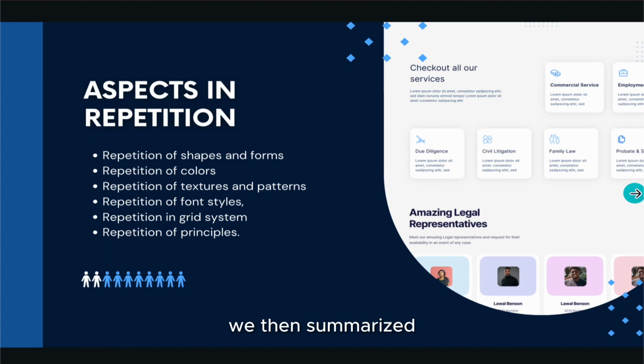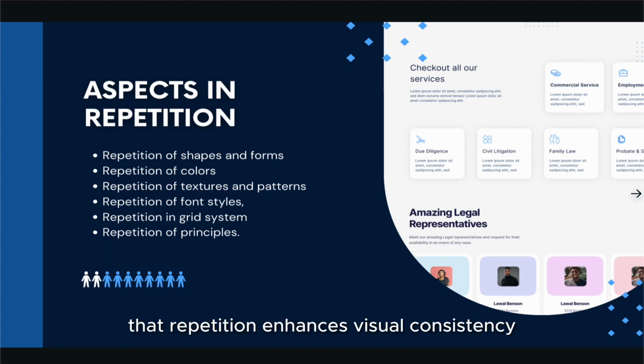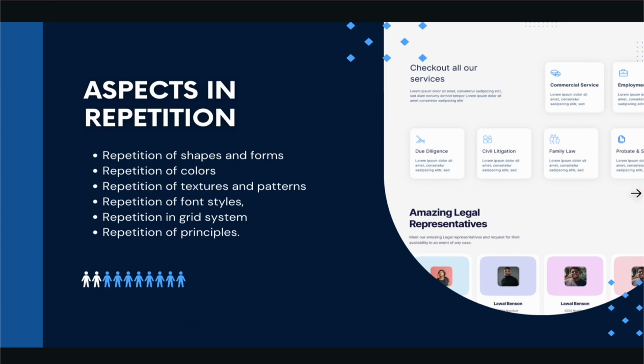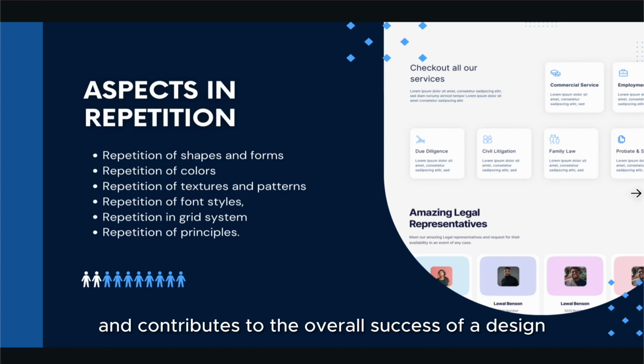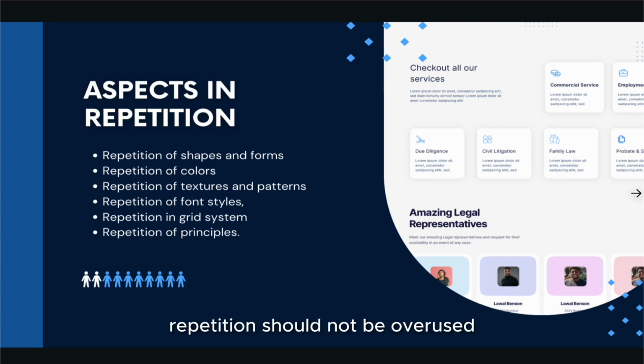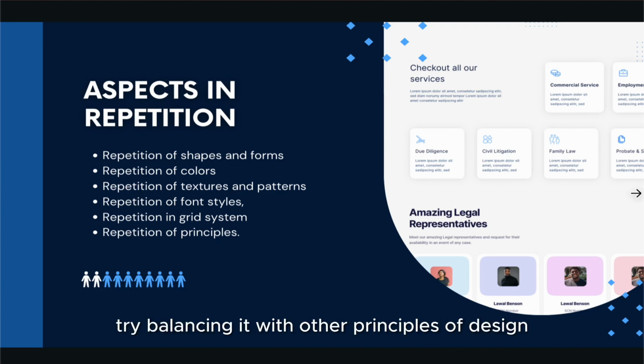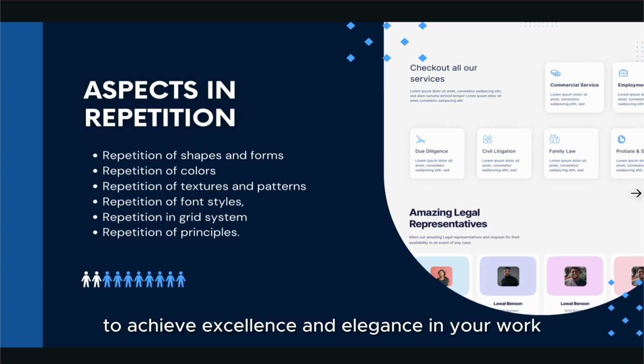We then summarized that repetition enhances visual consistency, it strengthens visual hierarchy, and contributes to the overall success of a design. Repetition should not be overused, so please in your design, try balancing it with other principles of design to achieve excellence and elegance in your work.